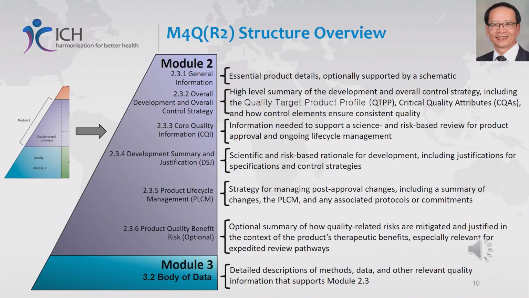The product quality benefit-risk section in Module 2 is optional, but available for certain products, especially those in the high-speed pathway where the quality considerations need to be integrated into the overall benefit-risk assessment.